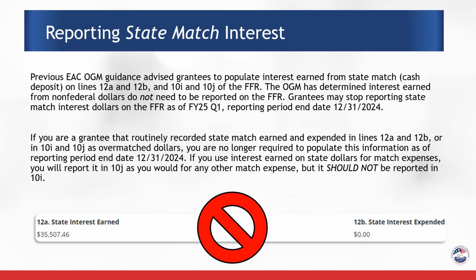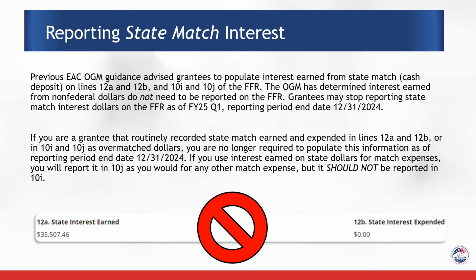Let's talk about state match interest. In previous guidance, we've asked grantees to populate the interest earned from cash matches that were deposited and earned interest on lines 12A and 12B, and subsequently 10I, 10J of their FFRs. We've determined that the interest earned from non-federal dollars does not need to be reported on the FFR.